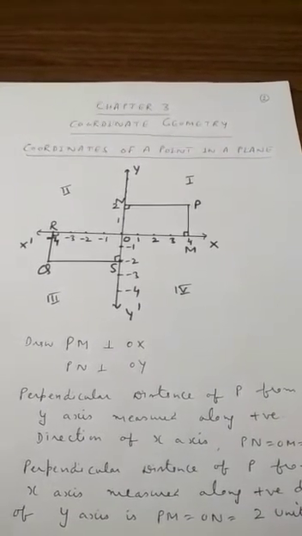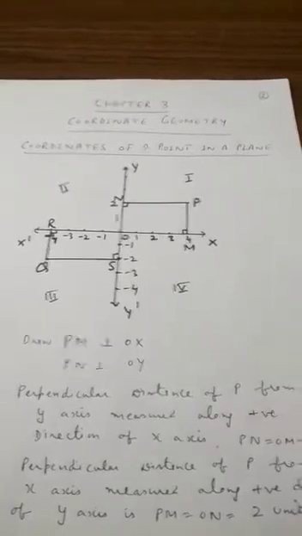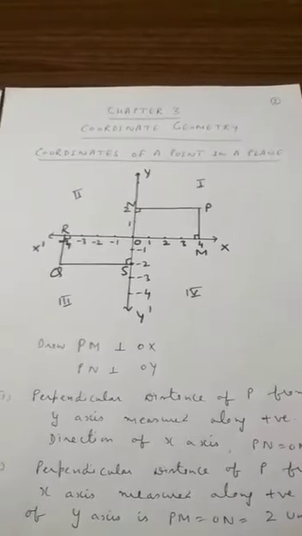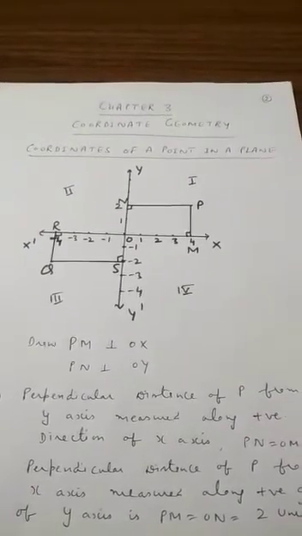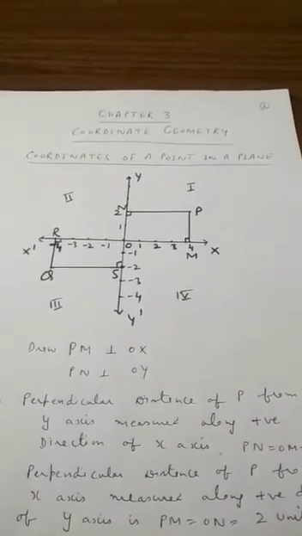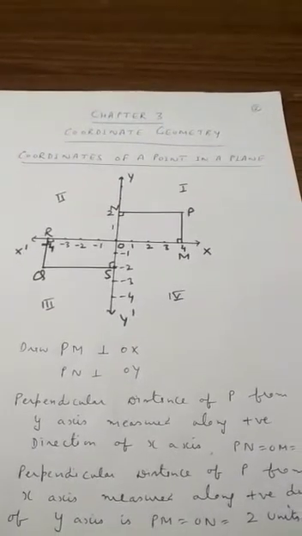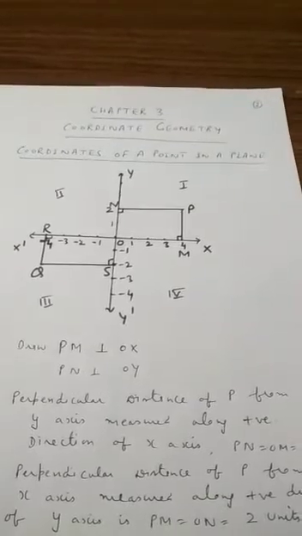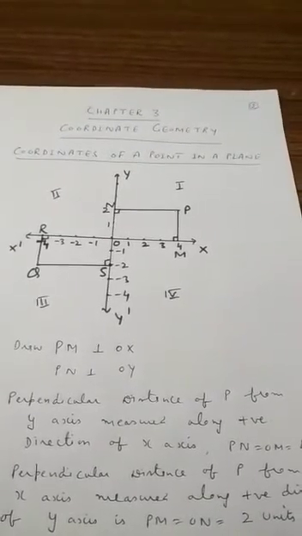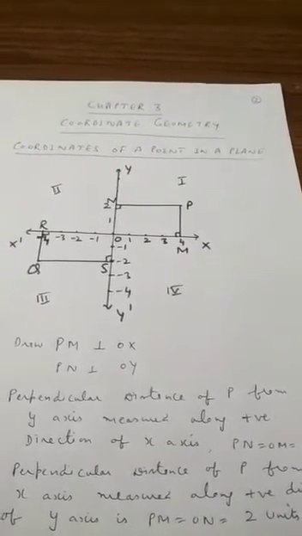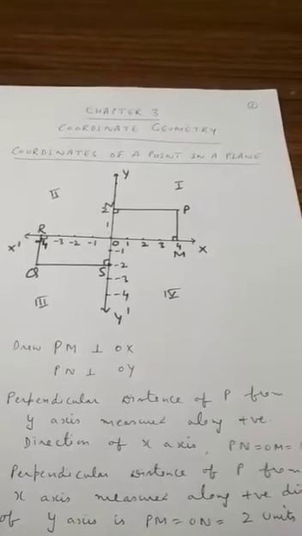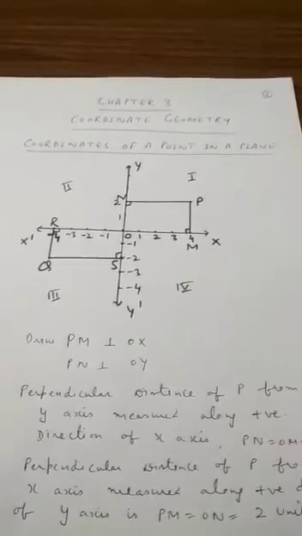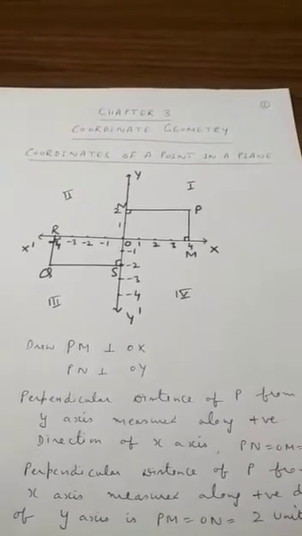So, clear? Abscissa is the perpendicular distance of a point from the y-axis and ordinate is the perpendicular distance of a point from the x-axis. The x coordinate is the perpendicular distance from the y-axis and the y coordinate is the perpendicular distance from the x-axis. They are reverse. So what are the coordinates of P?